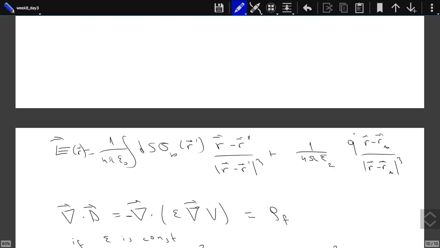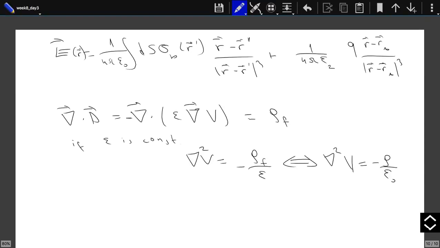Now let's come to the method of images. What does it do? Method of images tells me that, well, let's write instead of the electric field, let's write the potential.